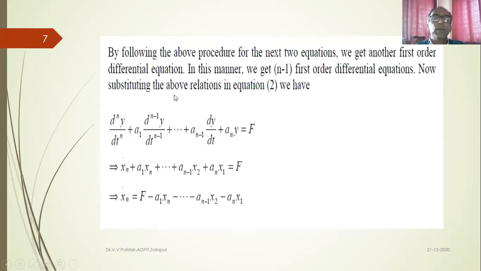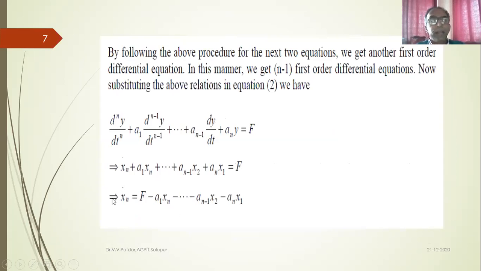Now substituting the above relations in equation 2, the differential equation is converted into a simple algebraic equation: xn dot plus a1 into xn plus dot dot dot plus an-1 x2 plus an x1 is equal to f.